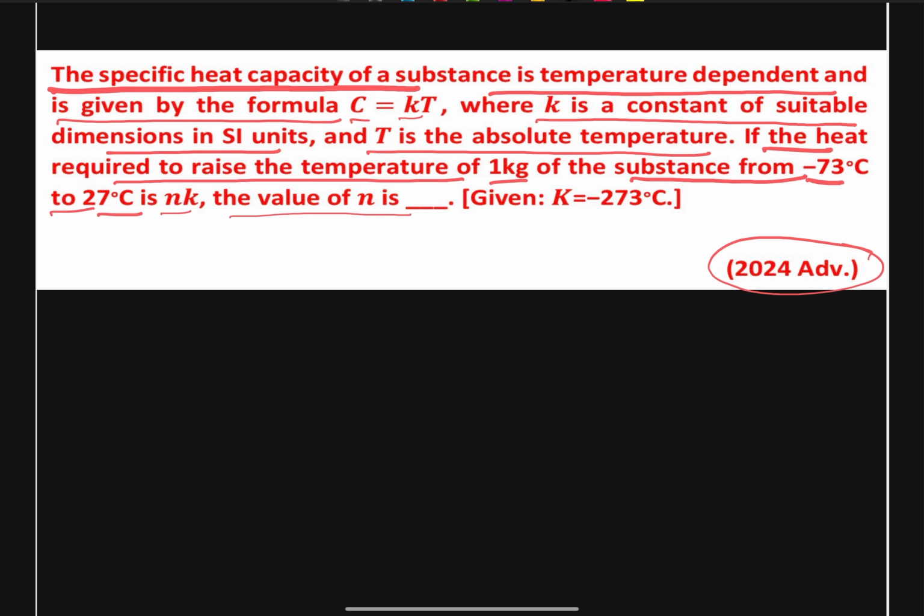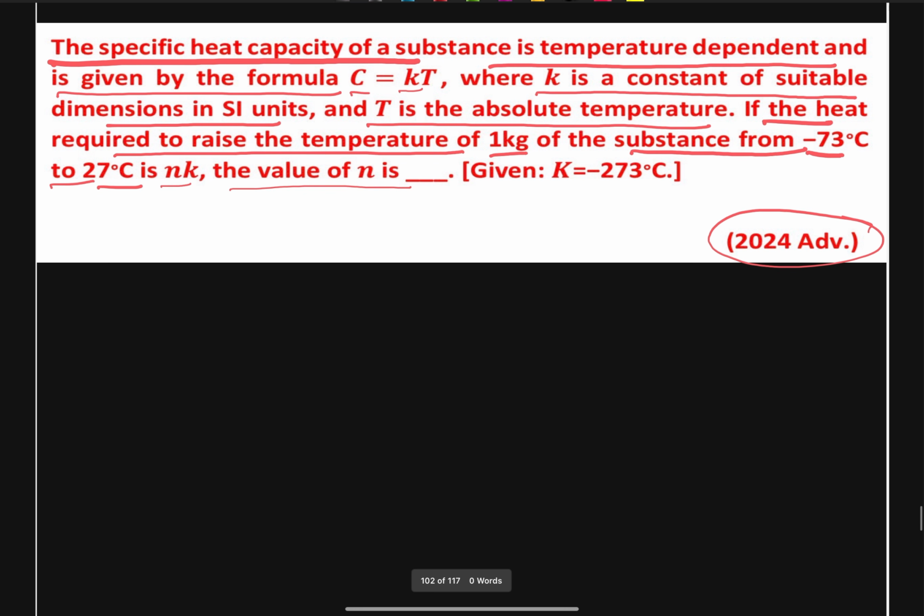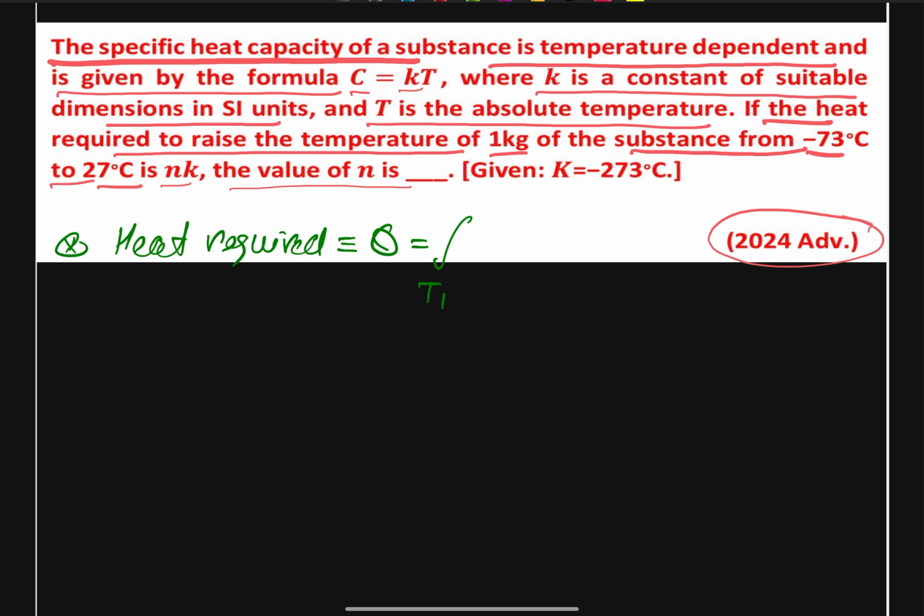So we have to find out the heat required to raise the temperature. So we know that our heat required, which is Q, is equal to the integration from T1 to T2 of C times dT.